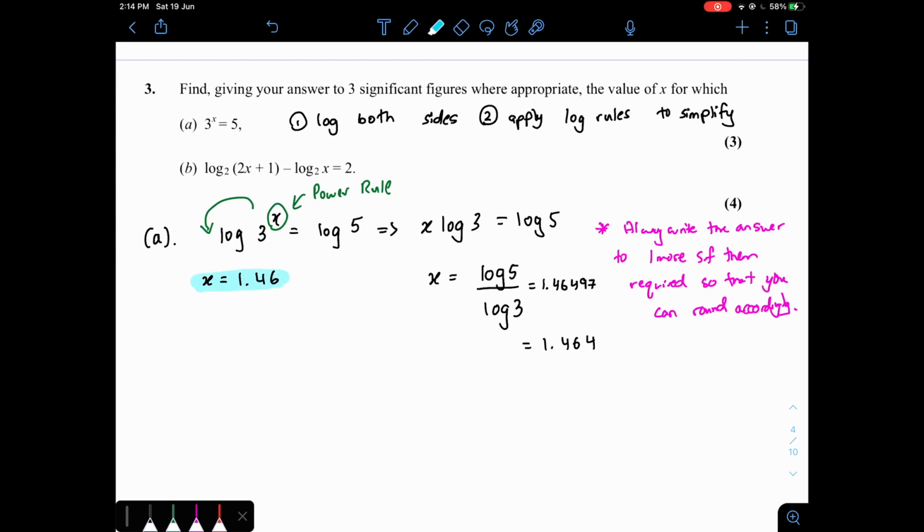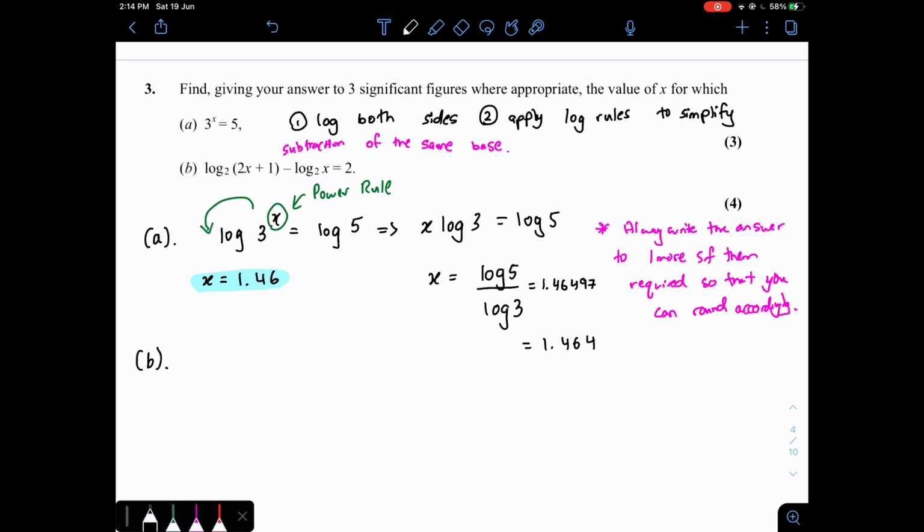Okay, so question number 3b. Log base 2 of the expression 2x + 1 minus log base 2 of x equals 2. Now you can see here, this is the subtraction law, subtraction of logs with the same base.